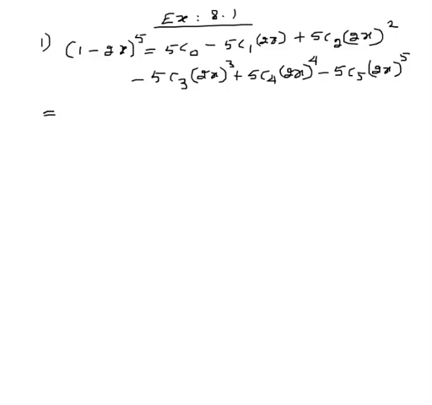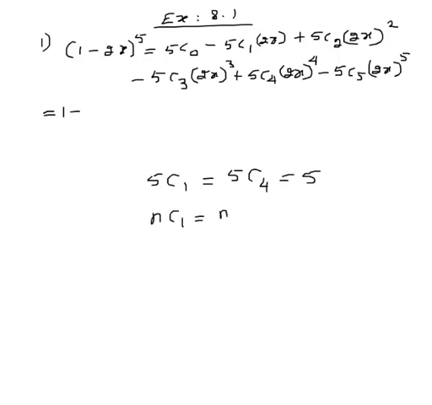Let us simplify this expansion. 5C0 is 1. nC0 and nCn are equal and they are 1. Minus 5C1, and 5C1 and 5C4 will be the same, 5.